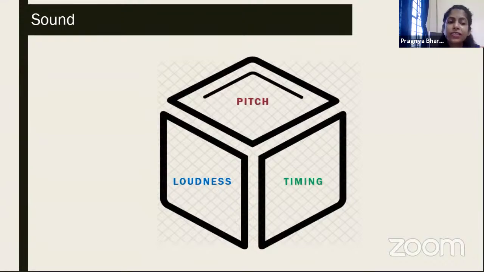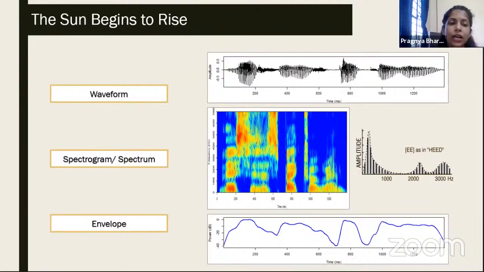And for a simple sound like a pure tone, it's usually a very simple linear relationship between pitch, loudness, and timing. Whereas when we talk about complex sounds like speech, there are a lot of overlaps, and there is a very sophisticated combination of all these factors which gives the sound its character.